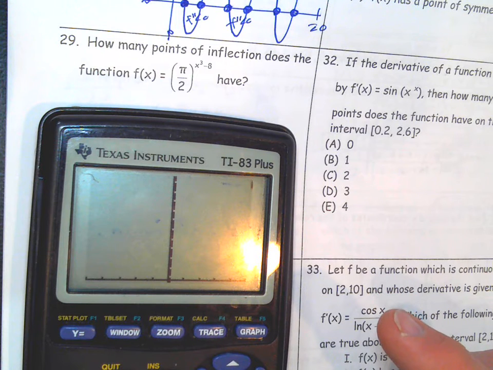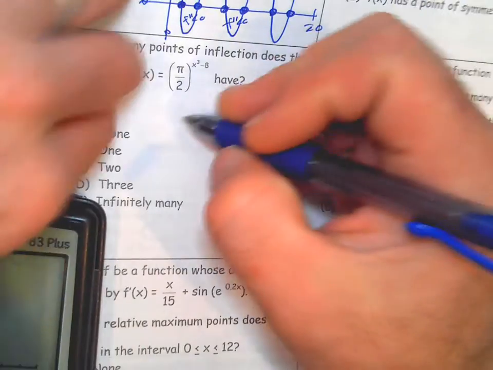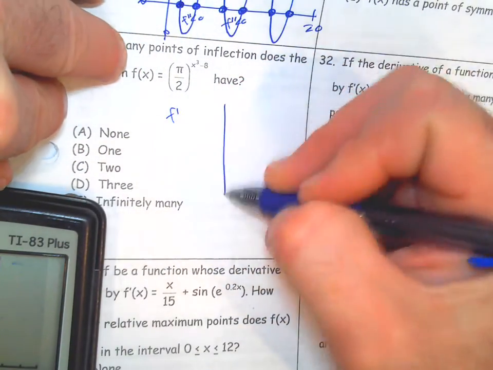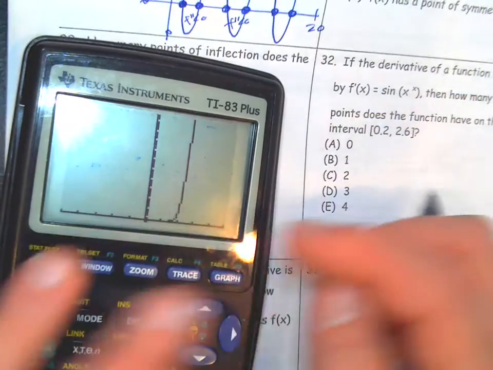See if we can get a better view of it. Now we're really concerned with the x-intercepts of this derivative graph. There it is. Wow, it really goes down towards that asymptote. So, quick glance, the f prime graph looks something like this.